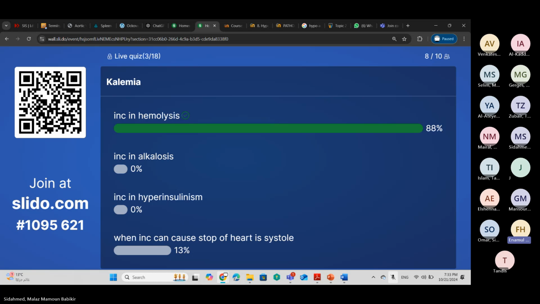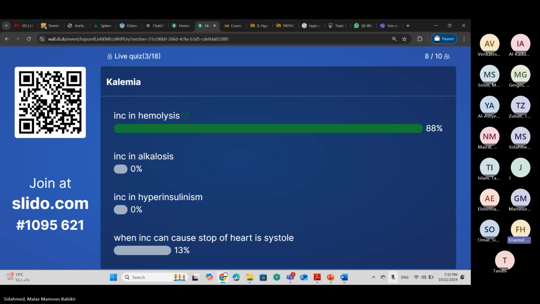So for kalemia, yeah, this is right. The reason why there is an increase in kalemia with hemolysis is that intracellularly the potassium levels are much higher than extracellularly. So when the RBCs burst, they release all of this K plus. As for alkalosis, as explained, the antiport mechanism between H plus and K plus gives an increase in kalemia. For hyperinsulinism, insulin causes an influx of K plus into the cells.